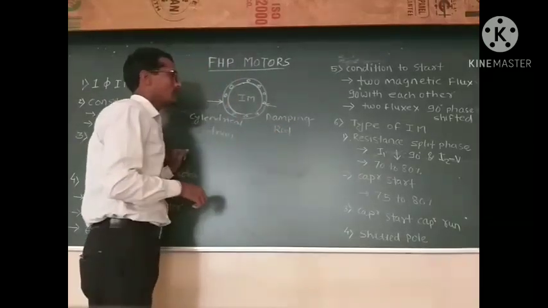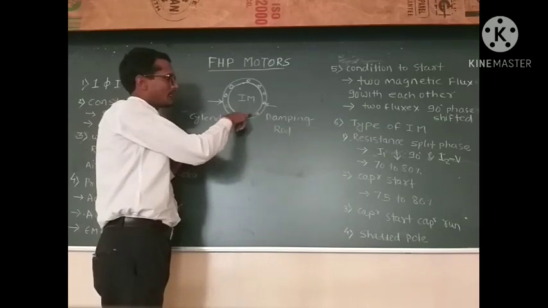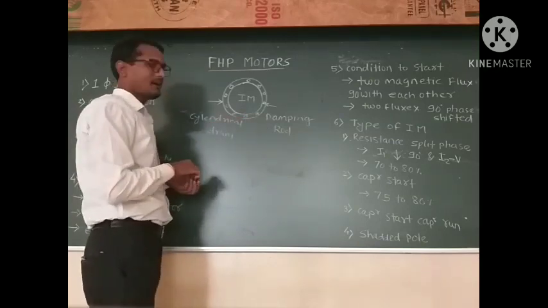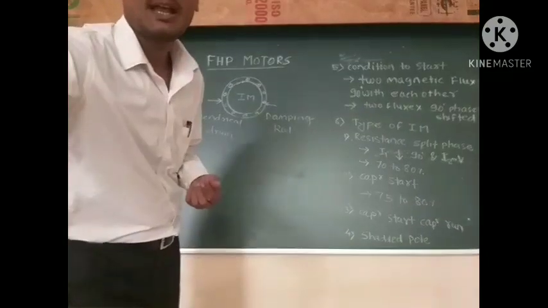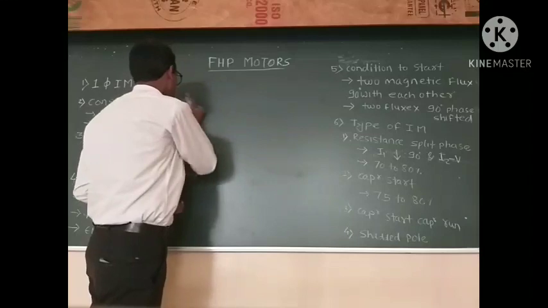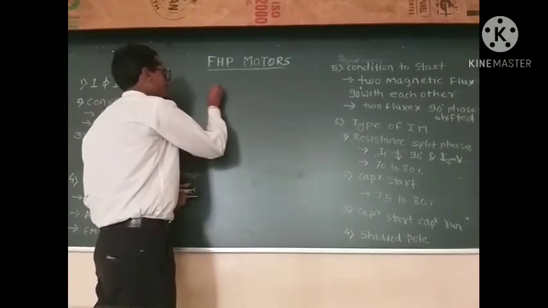Damping rods or dampers or damping bars. These bars are made from copper, and the whole structure of the induction motor rotor is like that.